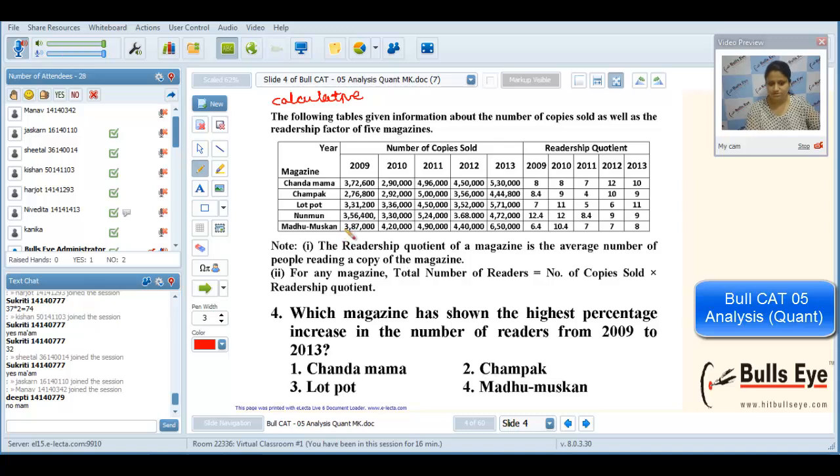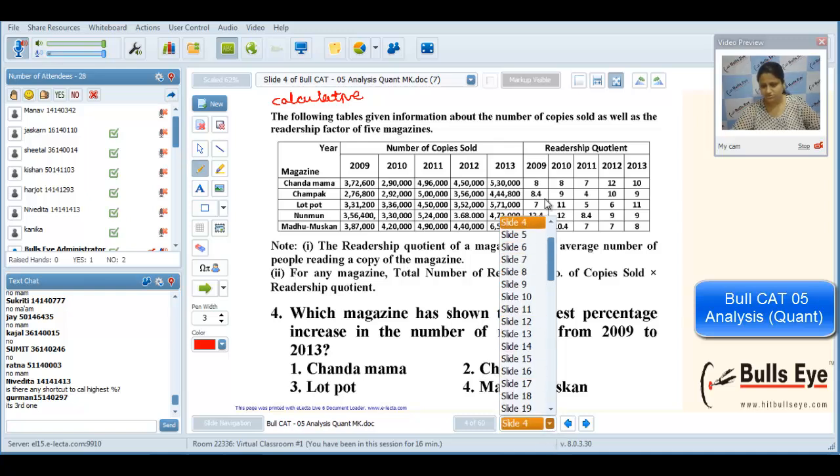Any problem? Okay, let us move further. Okay, good. No, Nivedita, there is no shortcut. Actually, this is for calculation only. We will calculate only.